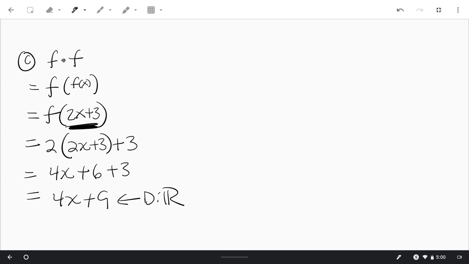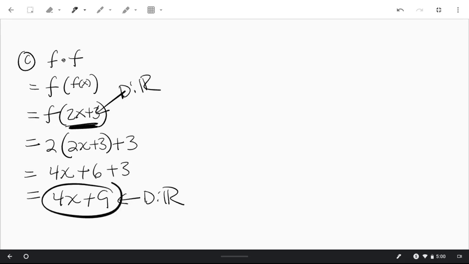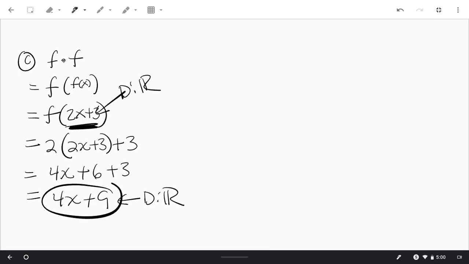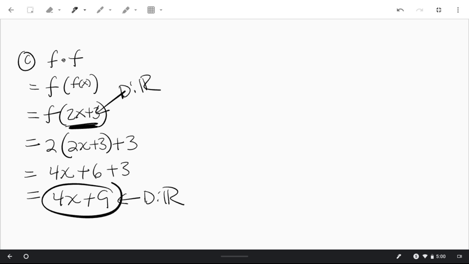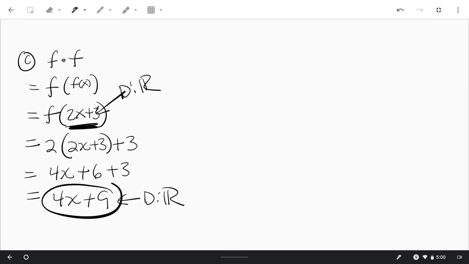Both of these, the function that got plugged in, 2x plus 3, and the final function, 4x plus 9, have a domain of all real numbers. So the final domain of f circle f is going to be all real numbers.